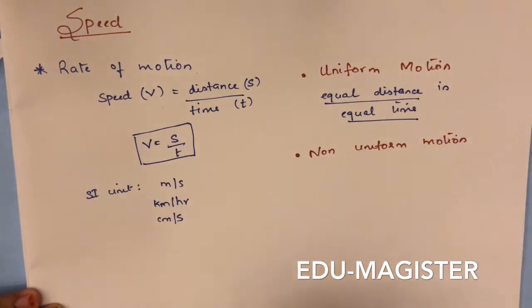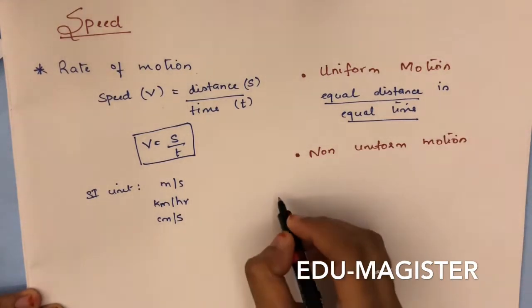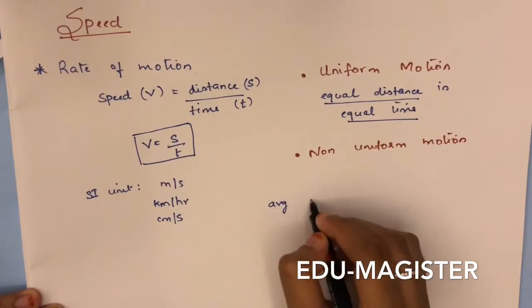So when the motion is non-uniform, the speed might not be constant. In such cases, that is in the cases of non-uniform motion, we use average speed.